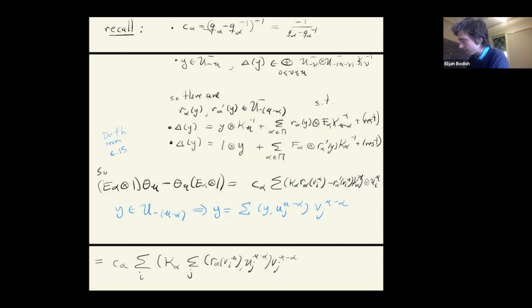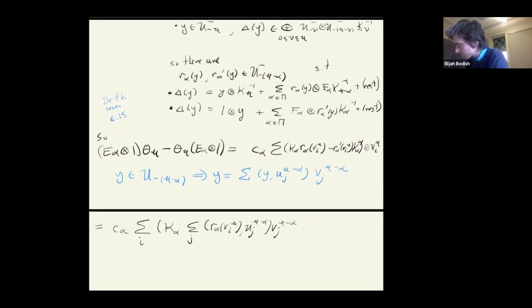And then I subtract from that sum over j, R alpha prime, vi mu, uj mu minus alpha, vj mu minus alpha. And then I have a K alpha inverse. And then I tensor with ui mu. So I use the pairing and the dual bases to expand the R alpha of vi mu's.